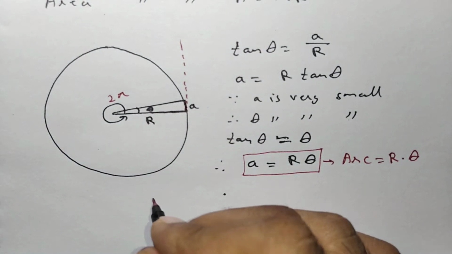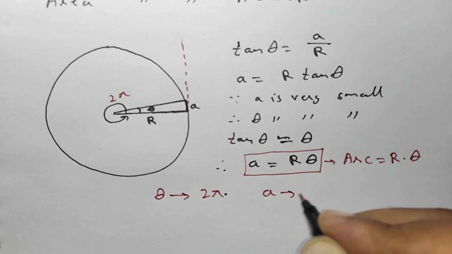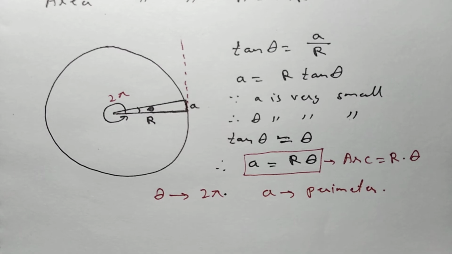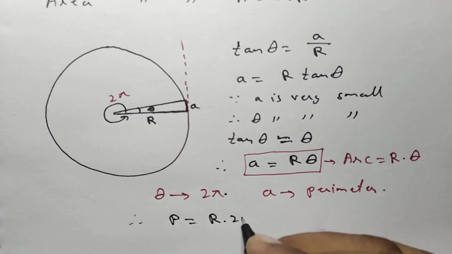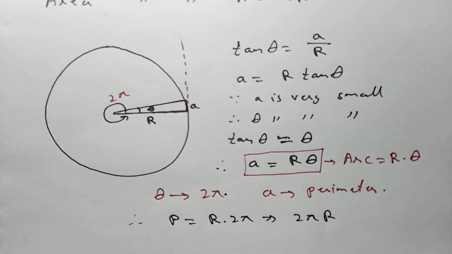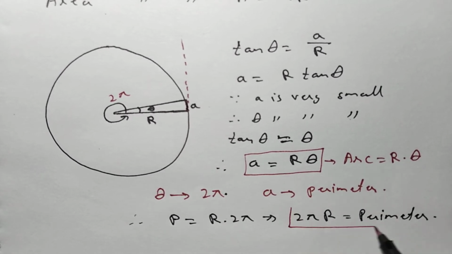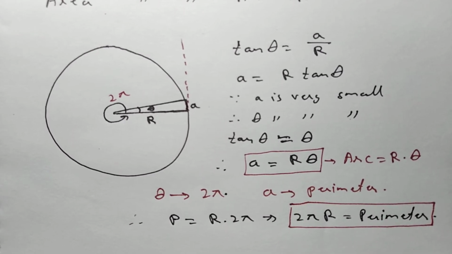So when theta tends to 2 pi, a tends to perimeter. Therefore we get perimeter P equal to r into 2 pi, that is 2 pi r. This is our perimeter of the circle. This is very basic proof of perimeter of a circle.